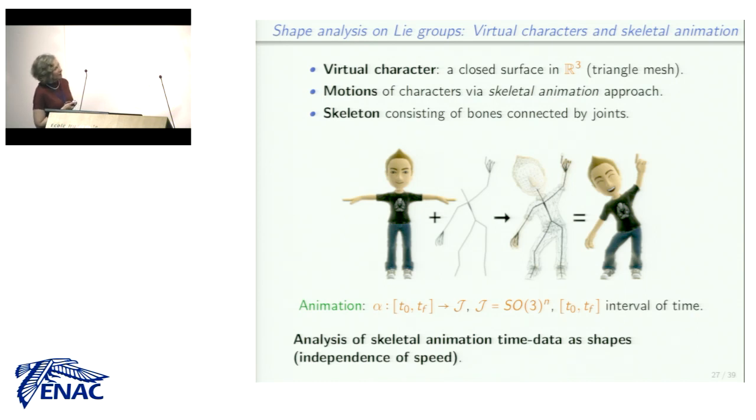So we do shape analysis for these animations, and we do it in a Lie group setting. And we have two techniques. One is based on the SRV map, which is a well-known shape analysis technique, but adapted to Lie groups. And the second is instead a technique which is based on the signature.